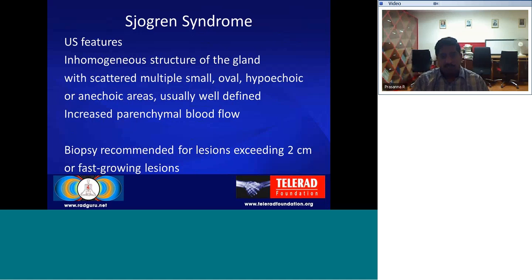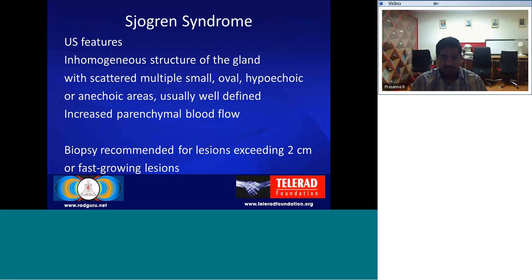Sometimes it can be challenging to differentiate it from acute inflammation, but here the gland is not enlarged. The echo texture, as in acute inflammation, is inhomogeneous and there is hypervascularity.